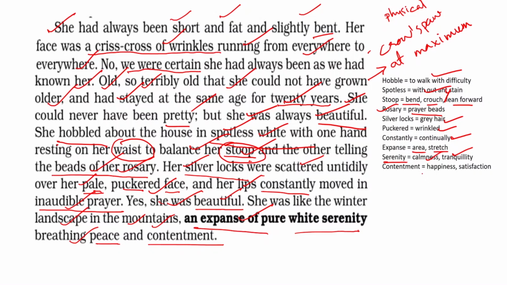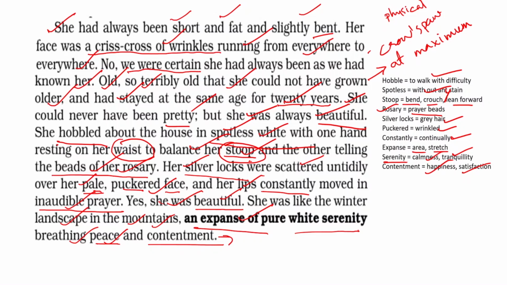Contentment here means happiness or satisfaction or peace. She is the symbol of contentment and peace, happiness or satisfaction and peace. She is a paragon of happiness. She is a paragon of peace. That is why Khushwant Singh compares her with an expanse of pure white serenity.